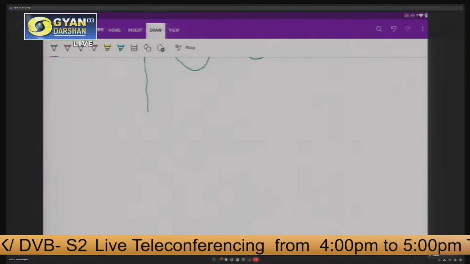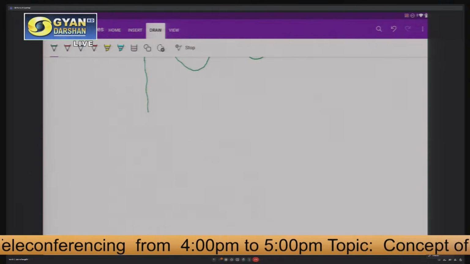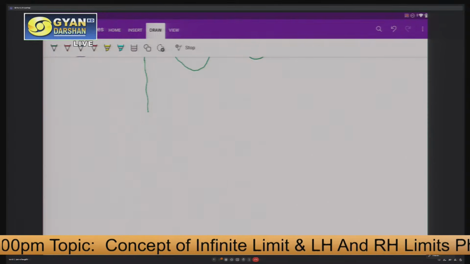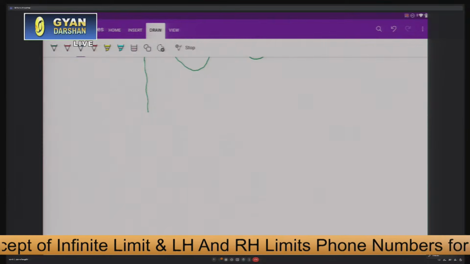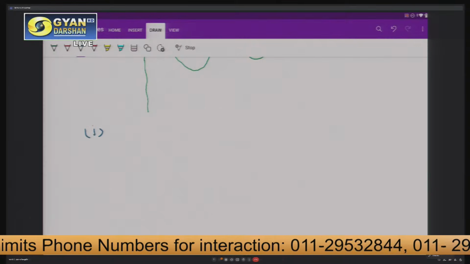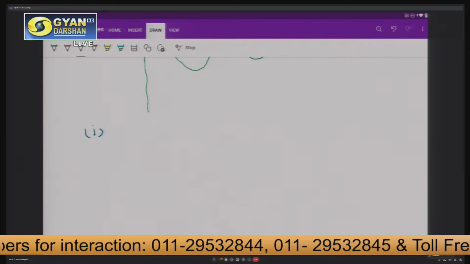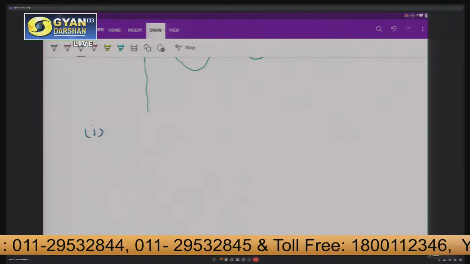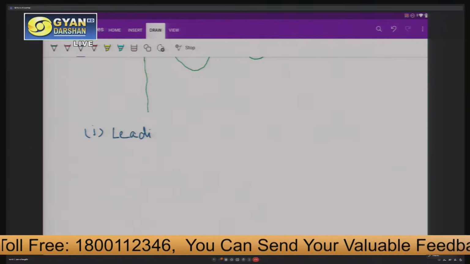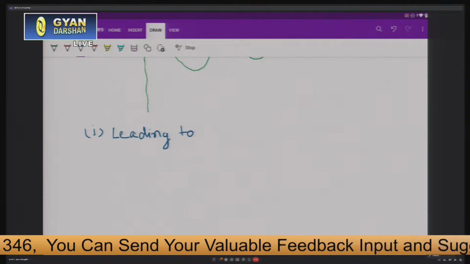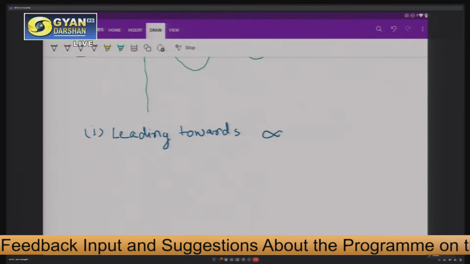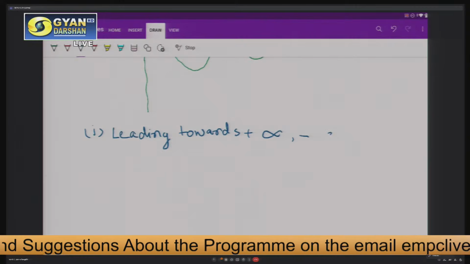So what do we conclude from this? We conclude that we can categorize them into basically 3 types of sequence. Number 1, they are leading towards infinity, either plus infinity or minus infinity.